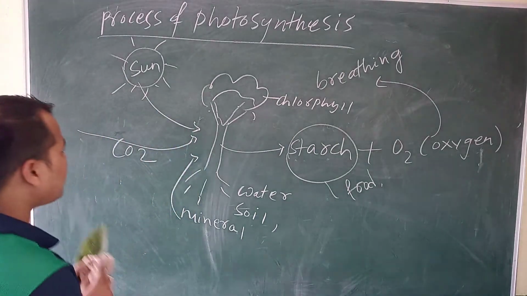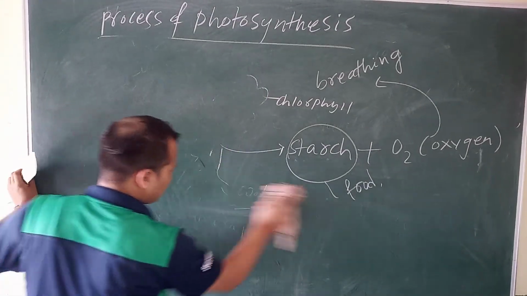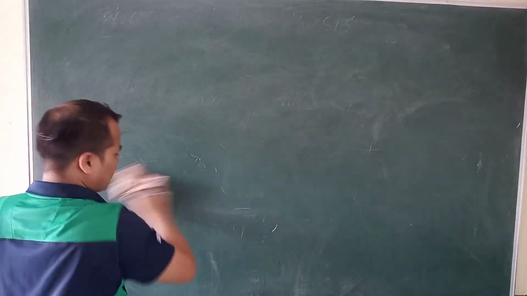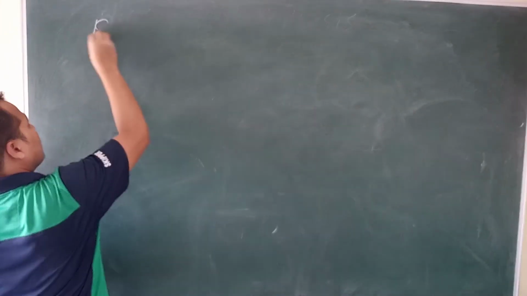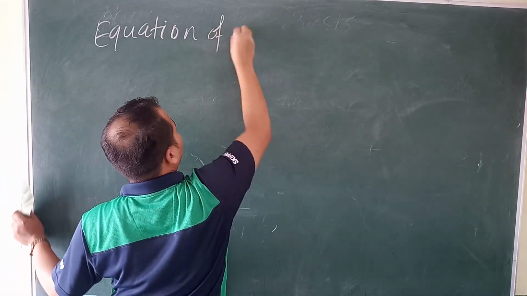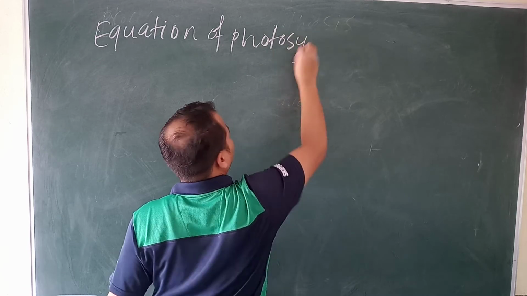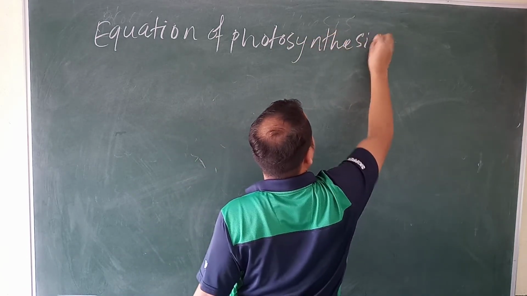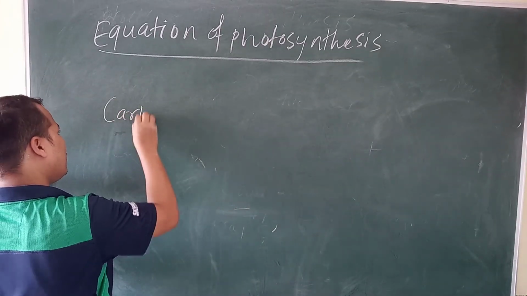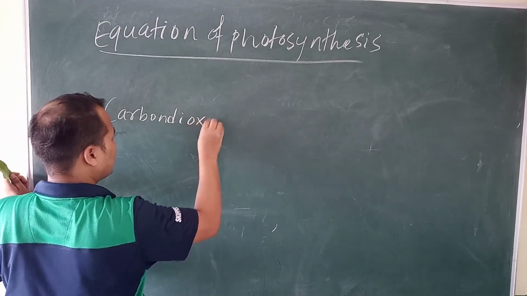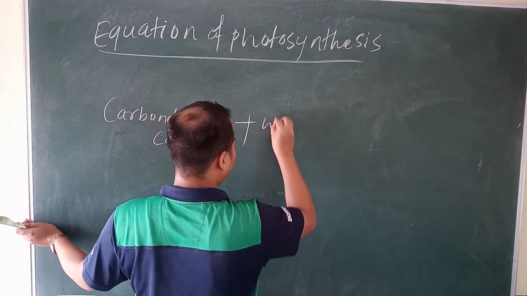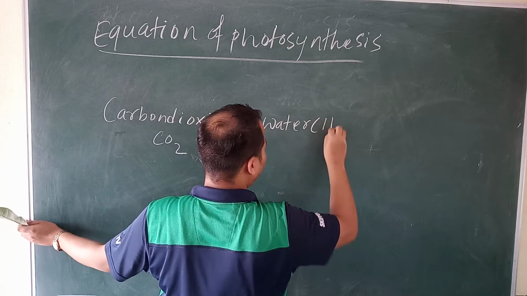Then come to the equation of photosynthesis. First carbon dioxide, whose symbol is CO2, plus water. The water symbol is H2O.